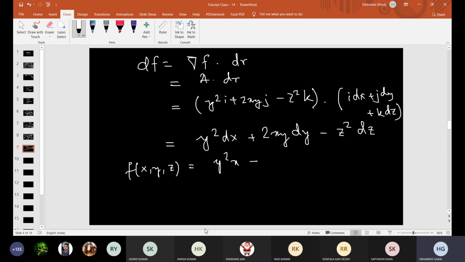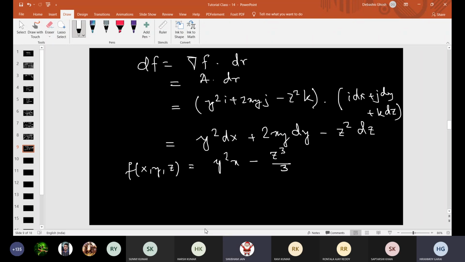The next term consists of both x and y, and when integrating with dy, the part independent of x has no term, so we will not integrate this one. Then minus z square is independent of x and y, so we integrate, and that gives you z cube by 3.